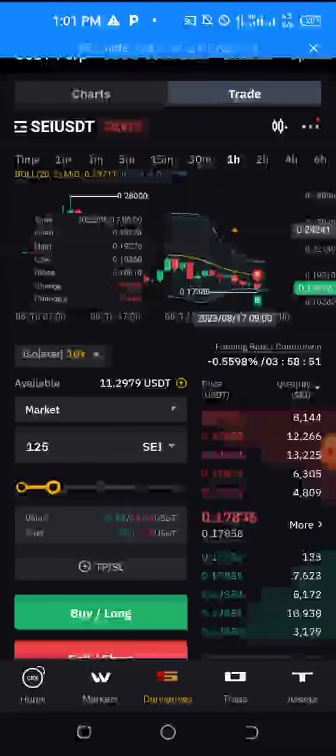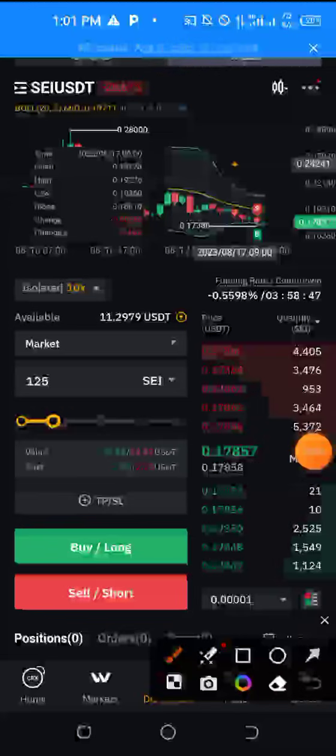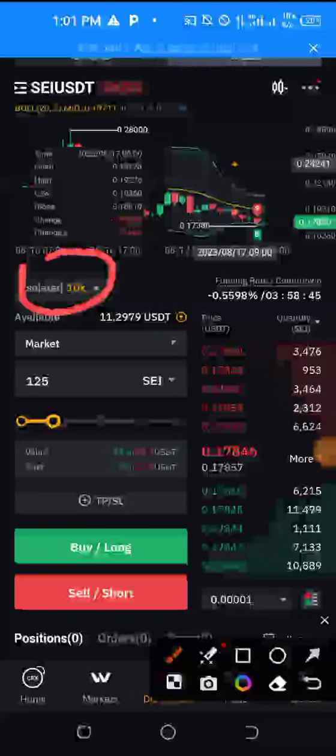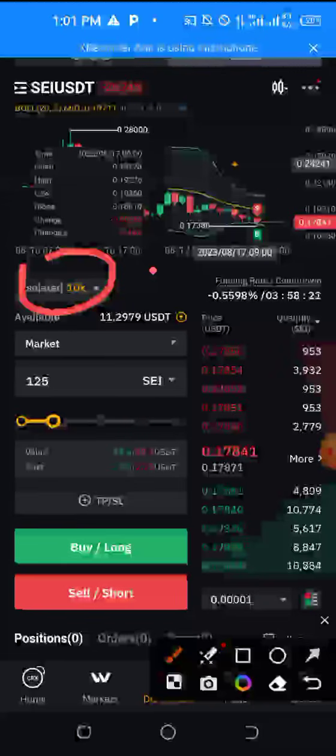Number three, make sure you put it on isolated, and make sure that the leverage is around 10 to 15x if you are using a smaller amount. But if you are using bigger money, you can use maybe 2x or 3x. If you are using a smaller amount, you can increase your leverage a little bit. But make sure it's on isolated, and don't put all of your capital in the trade. Just use 10% of it.